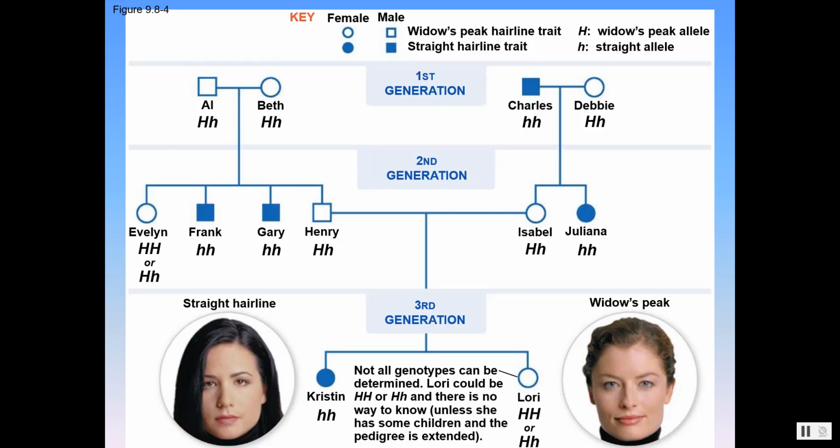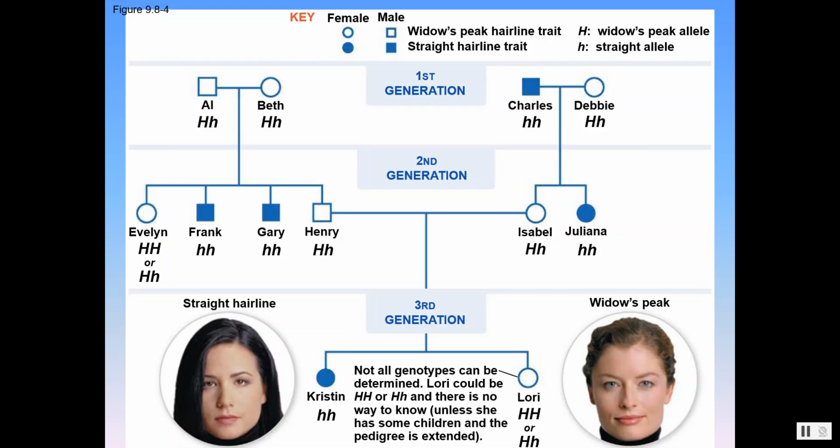That's not a thing. So there are over 100 human genetic disorders that are controlled by a single gene, which we'll talk about in a minute. But this is what we're going to call a pedigree chart. A circle equals a female, a square equals a male. If the lines are like on the top left, Al and Beth procreated, or had children, and had those 4 children on the bottom, Evelyn, Frank, Gary, and Henry.